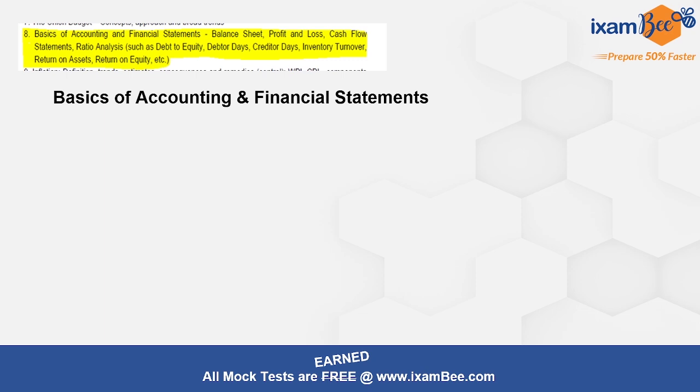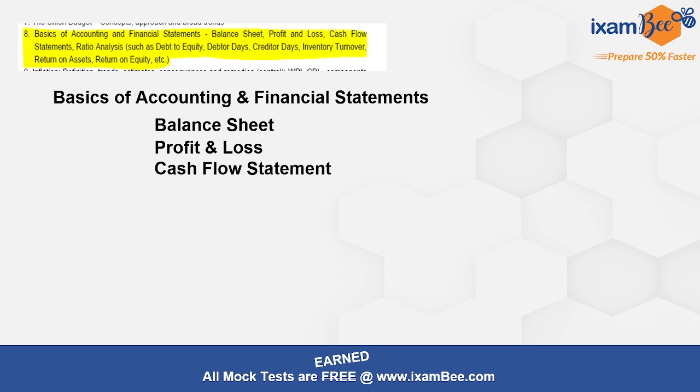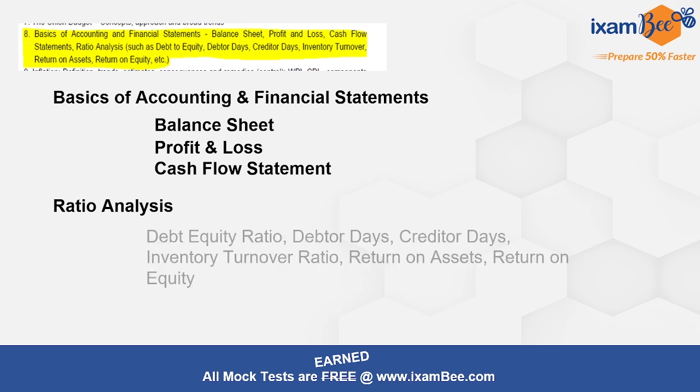After understanding the basics, we will study the balance sheet, which shows the financial position of the business. After balance sheet, we'll study P&L, which shows the financial performance over a specified period of time, and cash flow statement, which shows the flow of cash across different business activities. After this, we will learn all the ratios used to analyze the financial statements, not just those mentioned in the notification, but all the relevant ratios.